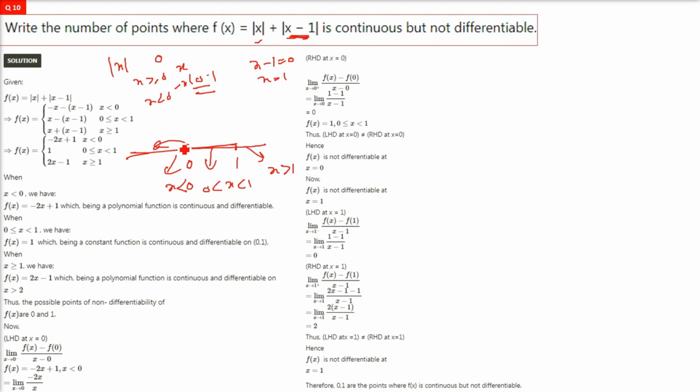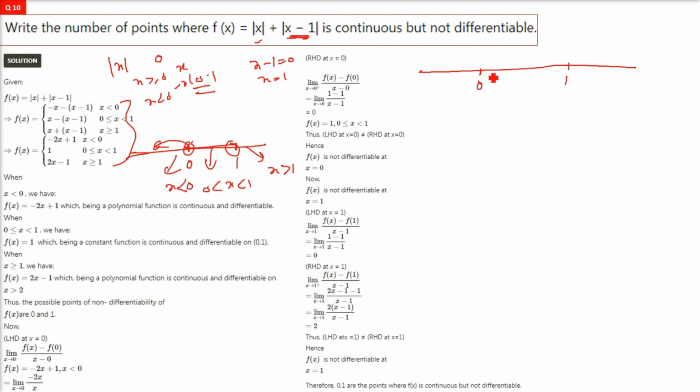We always tend to make intervals, and because of these intervals, the continuity and the differentiability at points x equals 0 and x equals 1 have to be checked. These are 2 points. So let me just give you a basic idea of how we actually formulate the final expression that has to be used in the continuity and differentiability.